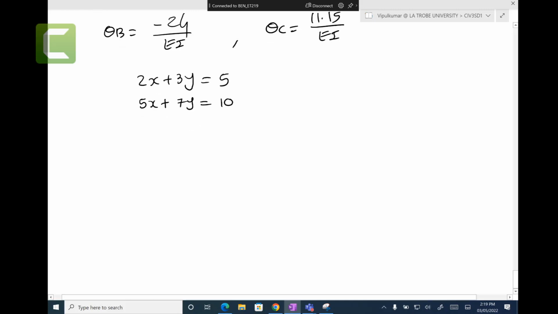So now we're going to substitute back those values into our equations. MAB equal to 0.5 EI theta B minus 30, equal to 0.5 EI times minus 24 on EI minus 30, equal to minus 42.